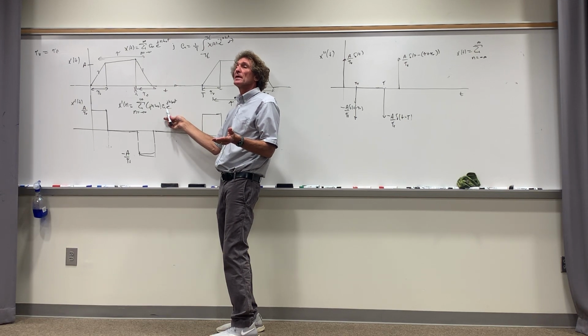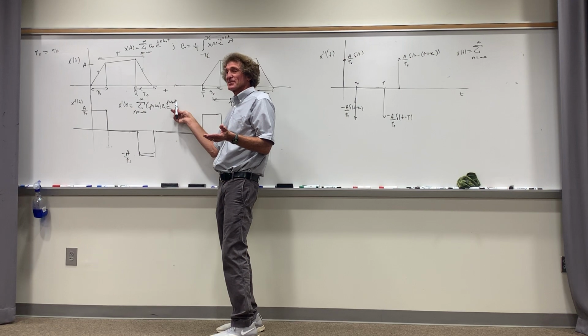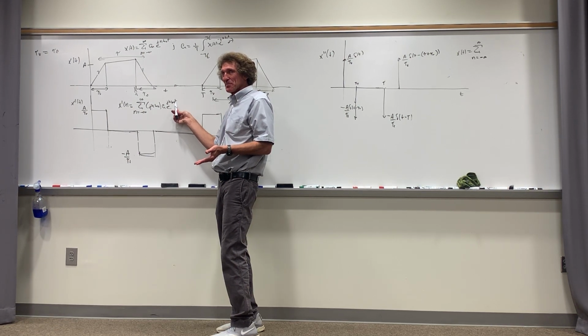What's the only place where t exists inside here? Inside the exponential right there, right? What is the derivative of e to the at with respect to t? A. Well, what's A in this case? It's j n omega naught, isn't it, class?